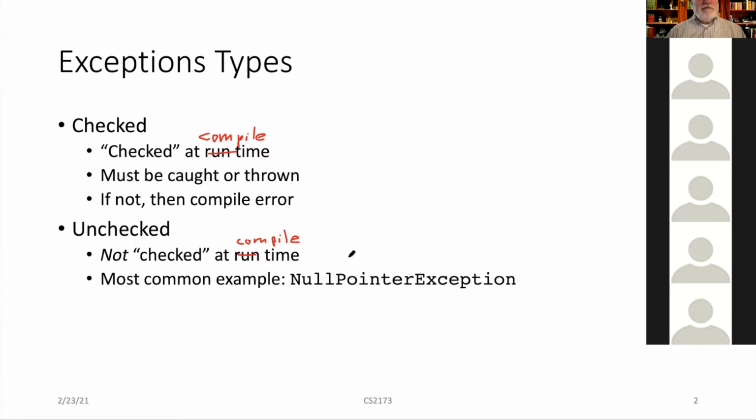So again, a checked exception has to be either caught or thrown. Some of the examples we've seen of that are a file not found exception when we were dealing with the file system, an IO exception when we were either reading or writing to the file system. We saw when we were connecting to URLs, there was a malformed URL exception.